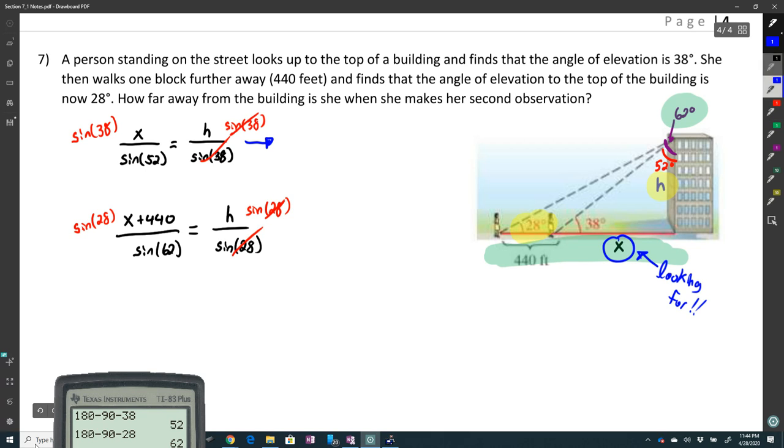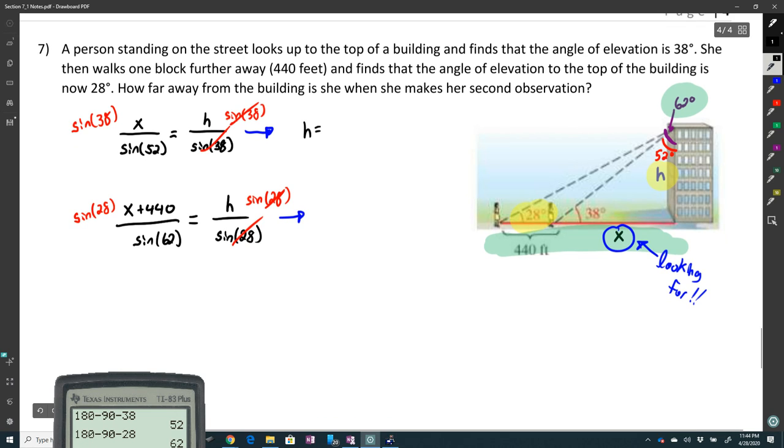And we get new equations. I get h is equal to sine of 38 times x over sine of 52. Here I have h is equal to sine of 28 times x plus 440 over sine of 62.